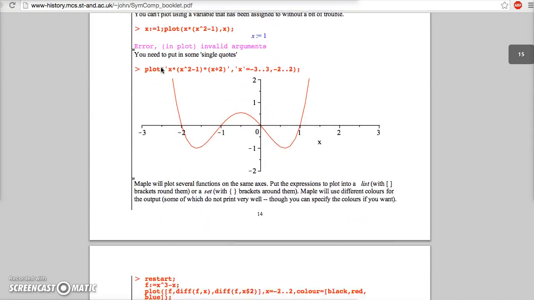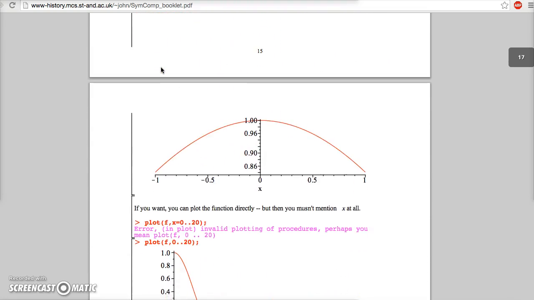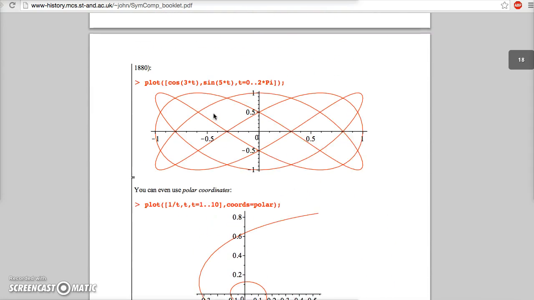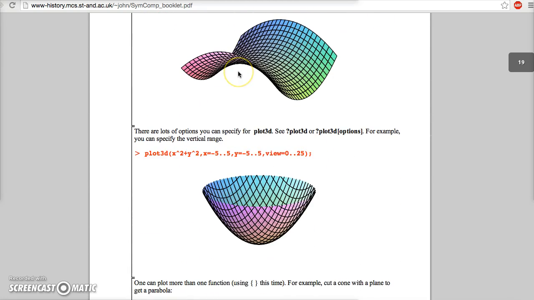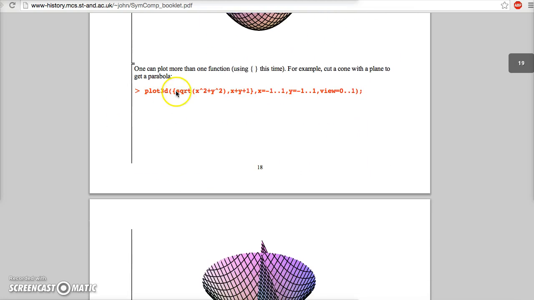It can plot in 2 and 3 dimensions, which I think is the best thing about Maple 18. These are two-dimensional. The three-dimensional graphs are really pretty interesting to look at, and it shows you what you need to input.